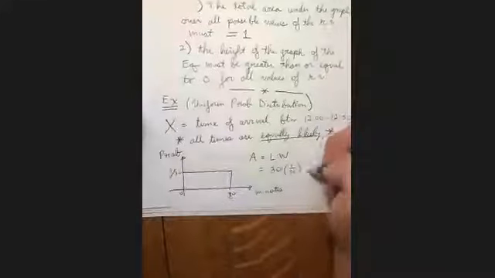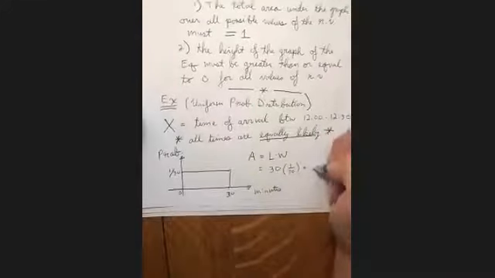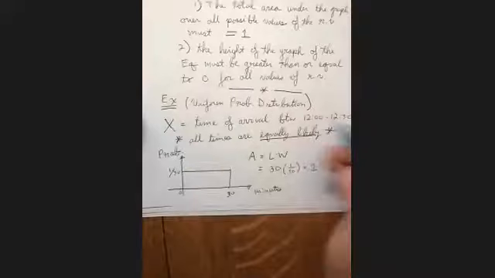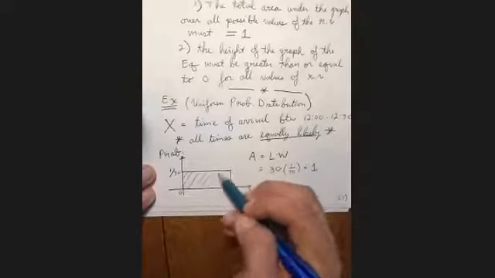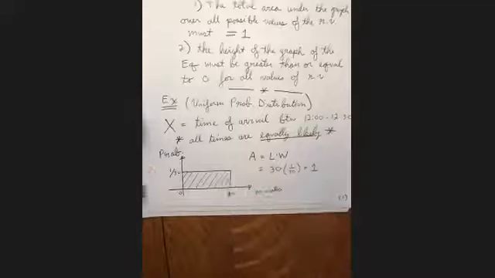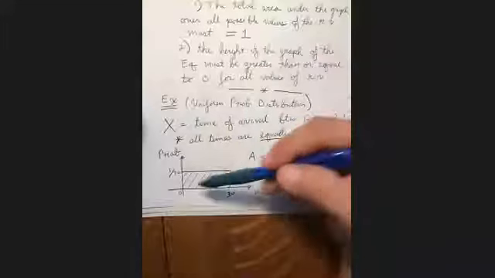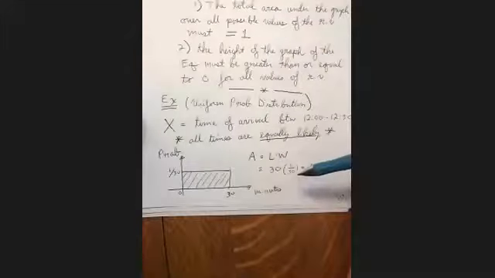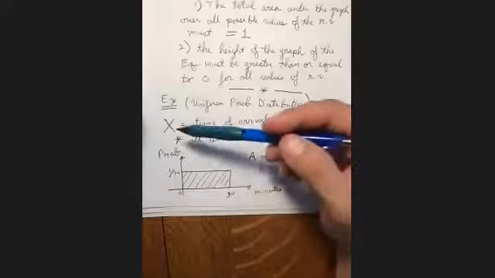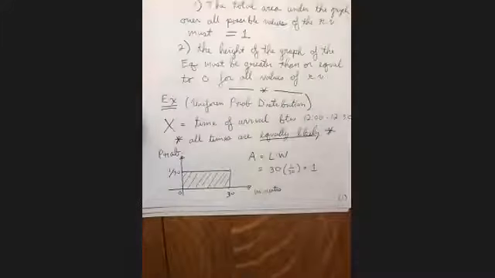So that indeed does equal 1. So if we calculate the area of the total rectangle, we get 1, which tells us that between all of the probabilities being positive and less than 1, and the total area being equal to 1, we have a valid probability density function for this uniformly distributed random variable x.